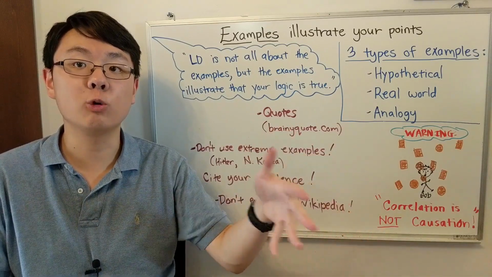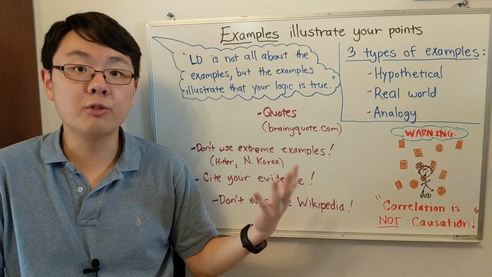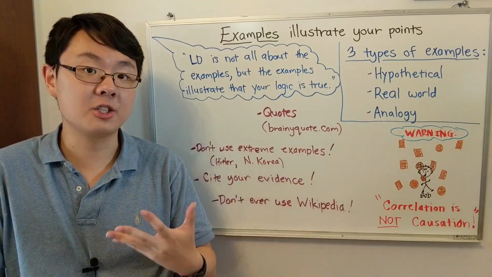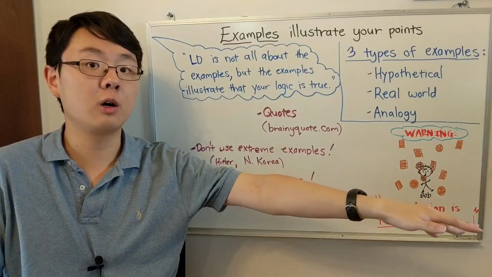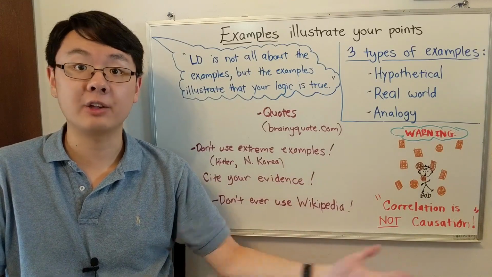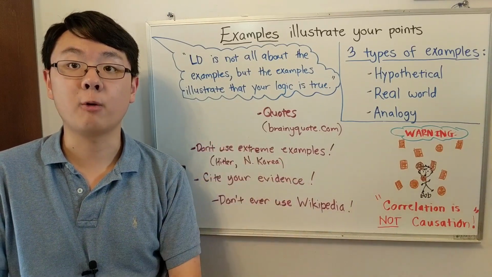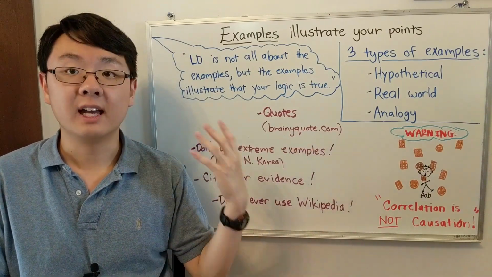We can look at the real world through real world examples to see whether our logic and philosophy proves itself to be true in actuality. If our argumentation in LD doesn't apply to the real world, it has no merit. What's the point of arguing these things and coming to these conclusions if they aren't true in the real world that we live in? That's why it's good to have real world examples.